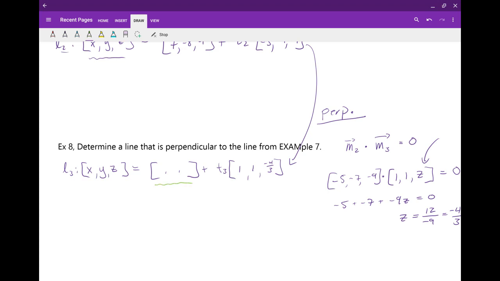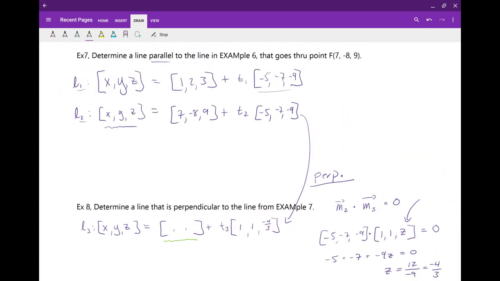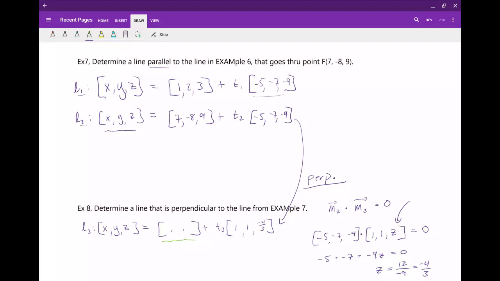What point goes in here? It turns out all I've said in this example is that I just need a line that's perpendicular to the line in example 7. Example 7 is basically, I guess, this line that I made here.